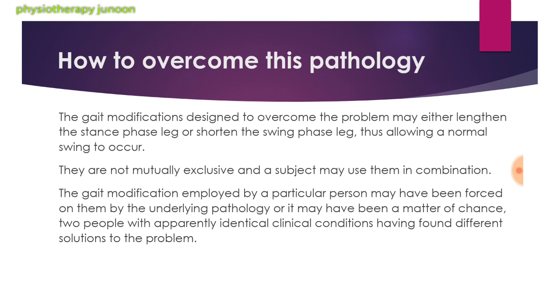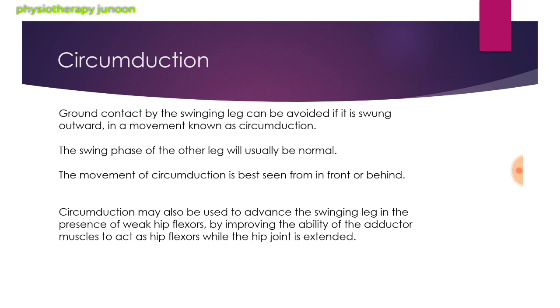Two people with apparently identical clinical conditions may find different solutions to the problem, because everybody has a different gait, different conditions, and a different environment, so every person has a different solution for the problem.